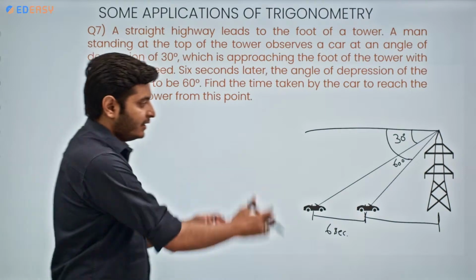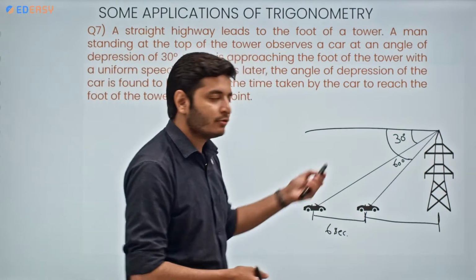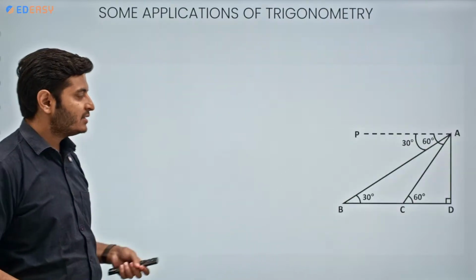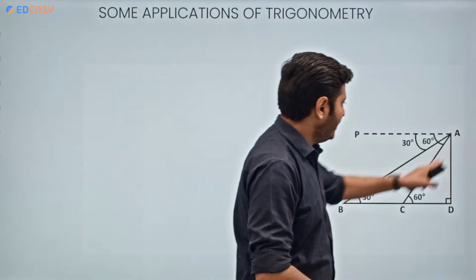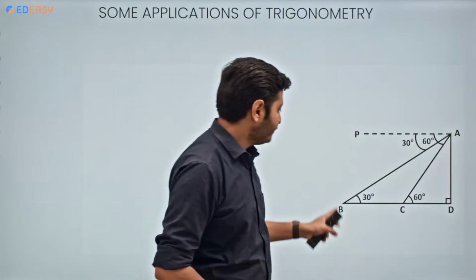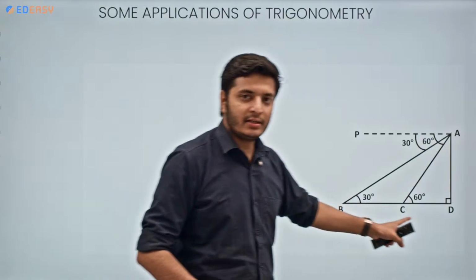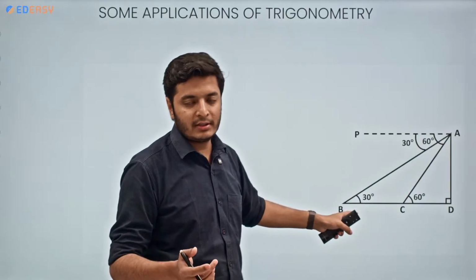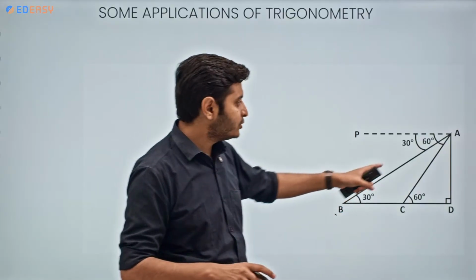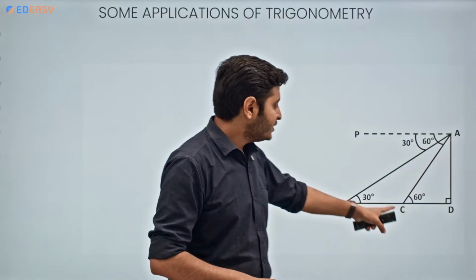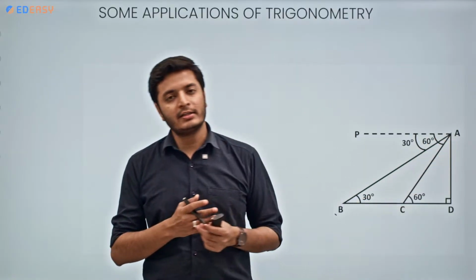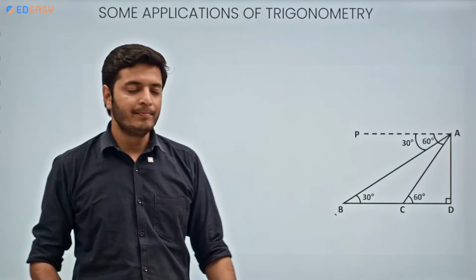We are going to do one thing. First, we are going to create a very neat labeled diagram, not this one. So this is the diagram. AD is representing the tower, BD is the ground, B is the position where the car was initially when the observer was looking. C is the point where he is looking at the car the second time.